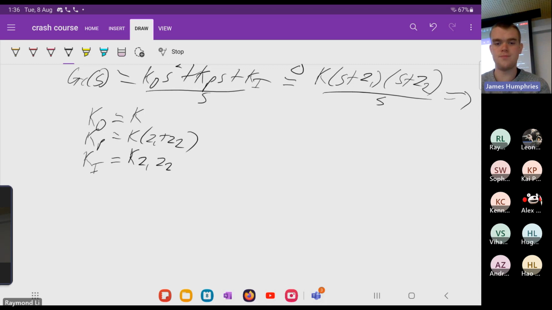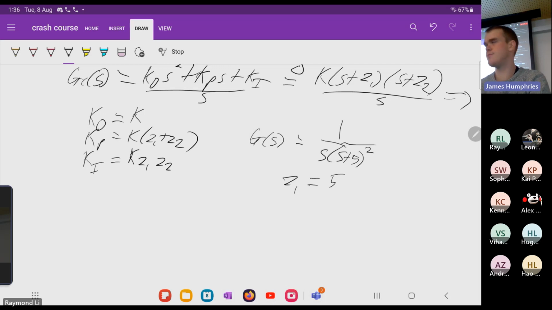Okay. Now, we have our G of S, which was 1 on S of S plus 5 squared. So we can just say, why don't we let Z1 equal 5?